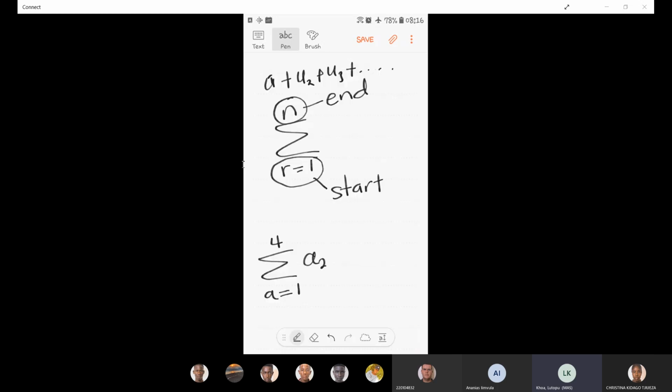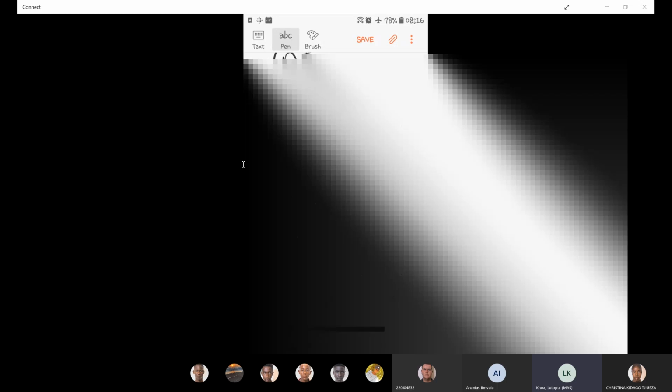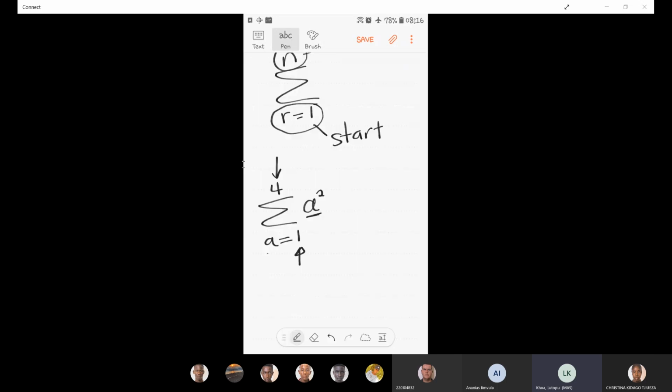Now what is happening over here is that you will substitute A, you start with 1 and then you end at 4. So everywhere you see A, you will substitute 1, then 2, then 3, then 4, which is your end point, and then you add everything together.